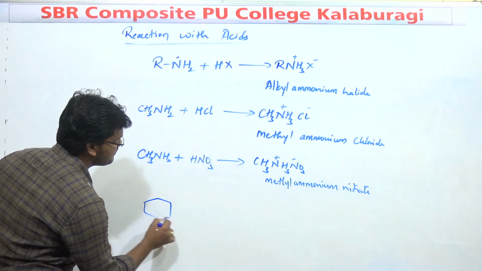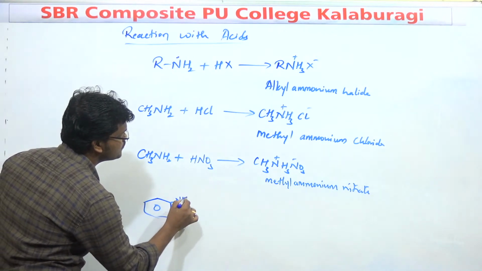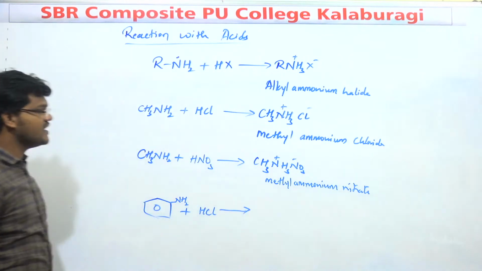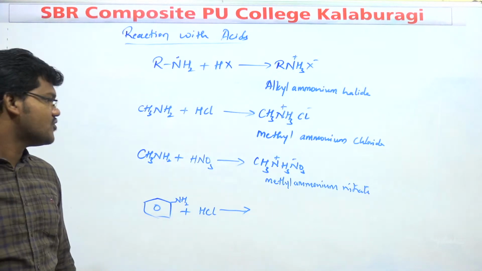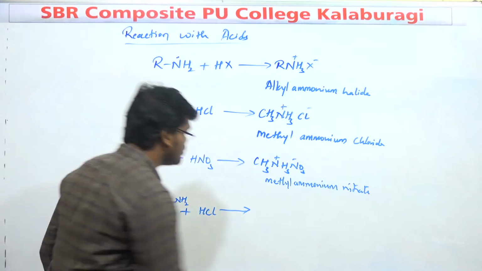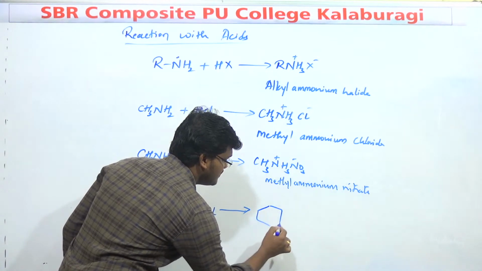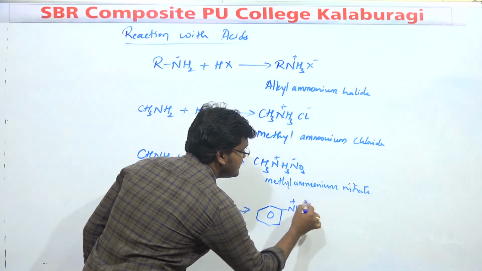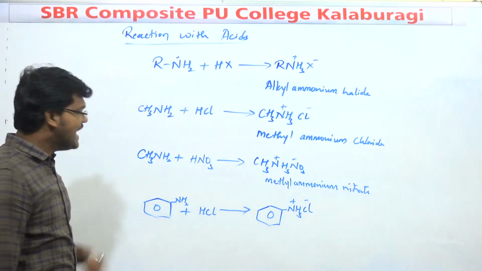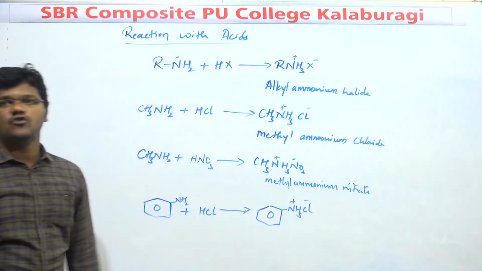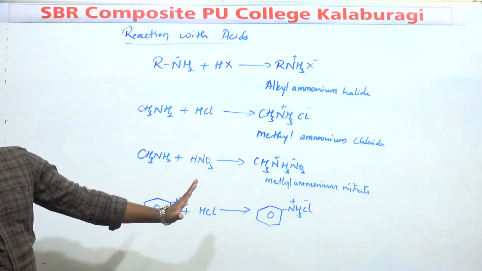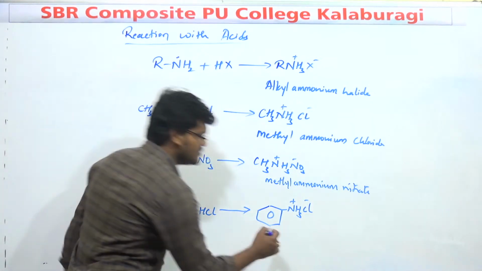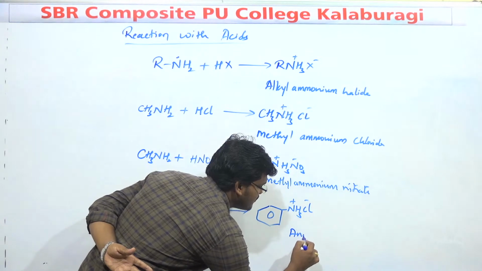For example, I am having aniline, C6H5NH2. Now it is made to react with HCl. What happens? You tell me. Same benzene ring, NH2 becomes NH3+ Cl-, which means anilinium chloride, or aniline hydrochloride.